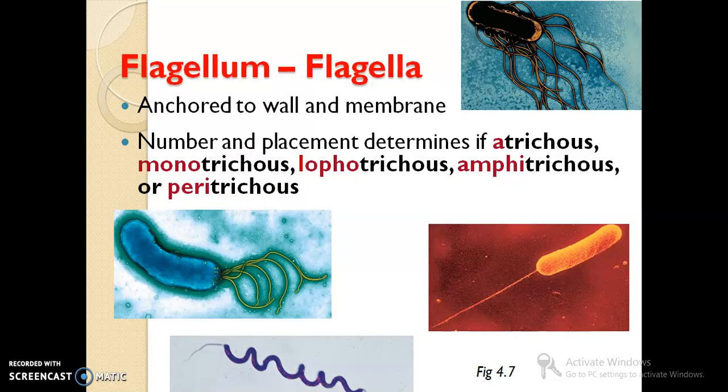The next outermost structure is the flagellum. Flagella are long, hair-like helical filaments extending from the cytoplasmic membrane to the exterior of the cell. Flagellum is highly antigenic and functions in cell motility.